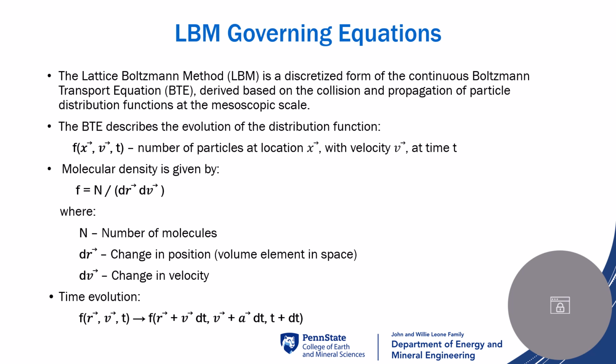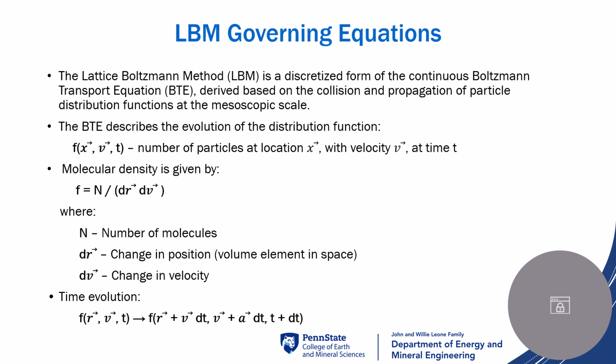Altogether, this gives us the number of particles per unit volume in both position and velocity space. That's what makes f a distribution. It's not just about where particles are, but also how fast they are moving and in which direction.